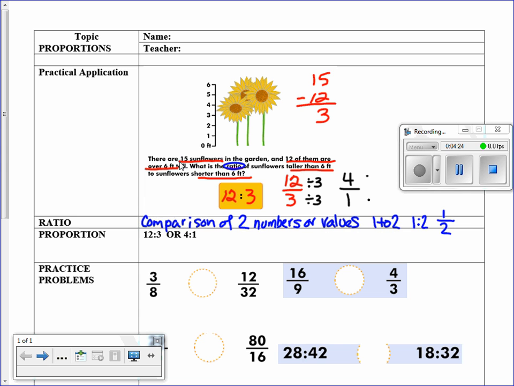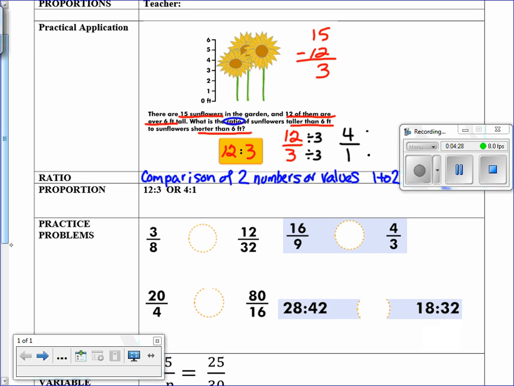Okay. So next thing that we want to talk about is a proportion. A proportion basically is two ratios that are equal.